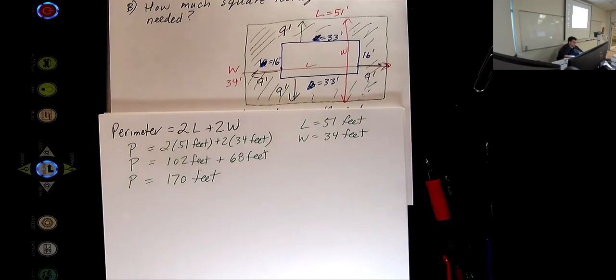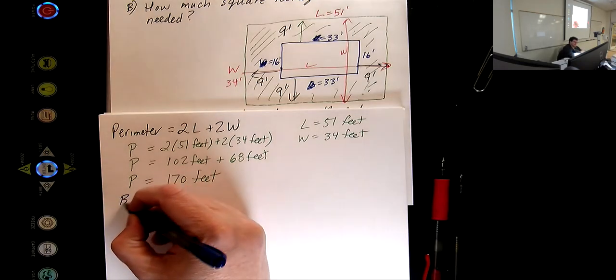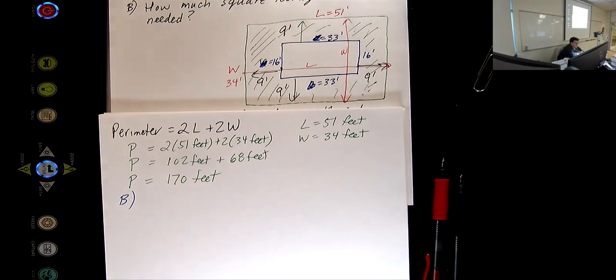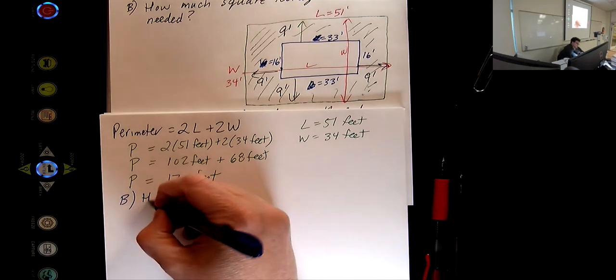All right, part B is a little bit tougher. How much sod do we need?